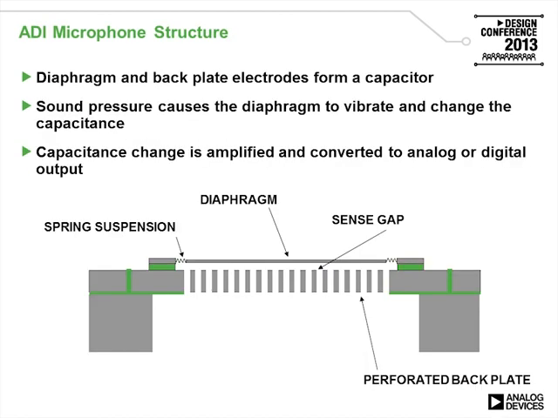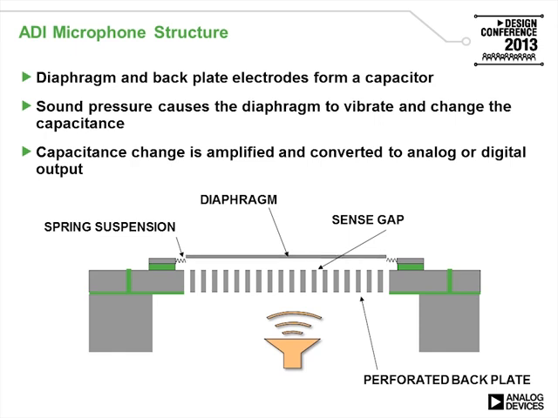The way that MEMS microphones work is they're made up of a diaphragm which is suspended on springs above a backplate. When the microphone is subjected to sound, the air pressure from that sound causes the diaphragm to move up and down, and we can measure that motion based on the change in capacitance between the diaphragm and the backplate.